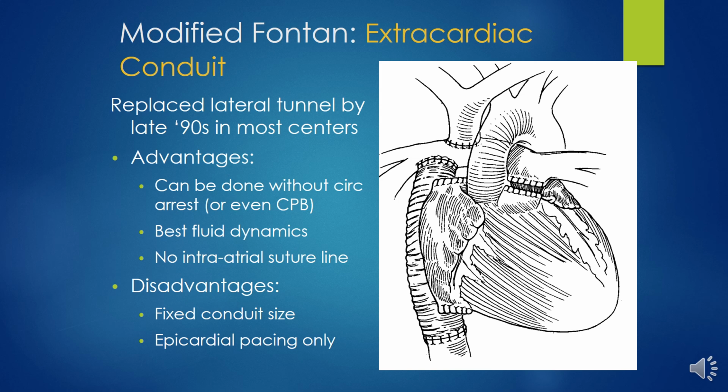Touted advantages of the technique include avoidance of the atrial suture line, protection of the atrial wall from high venous pressures, and in some instances avoidance of CPB. During periods of increased pulmonary resistance, a fenestration may be created to help maintain systemic blood flow by side-to-side anastomosis of the conduit and adjacent RA.